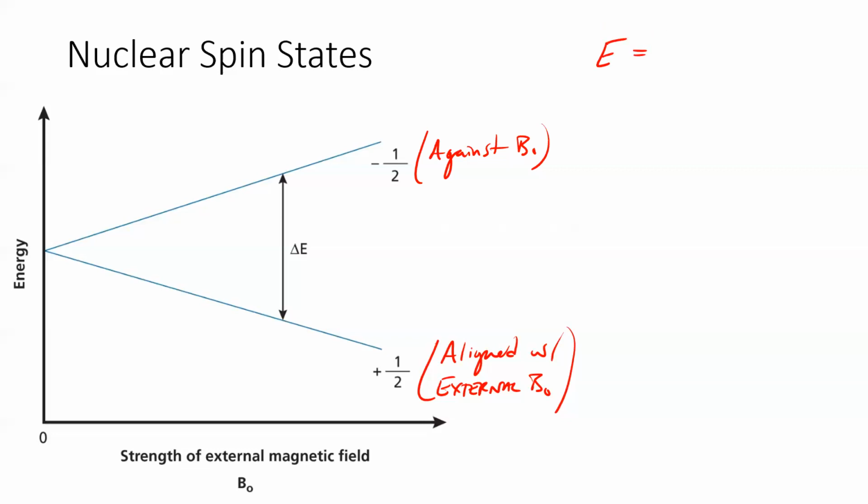So the energy of any of these spin states is equal to negative gamma times that m, that quantum number, times h, Planck's constant, times whatever that magnetic field is, B0, divided by 2 pi.